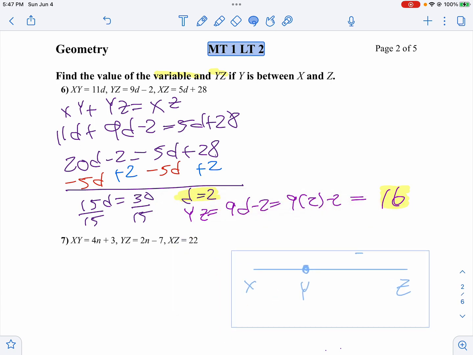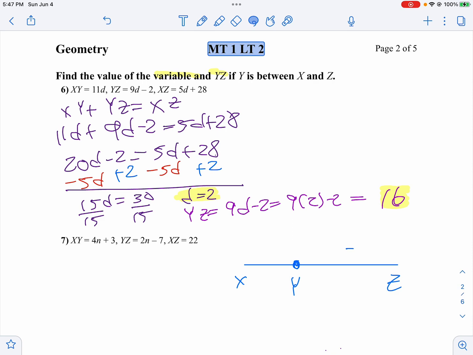There we go. So now, this time, I know x to y is 4n plus 3. I know y to z is 2n minus 7. And I know x to z is 22.